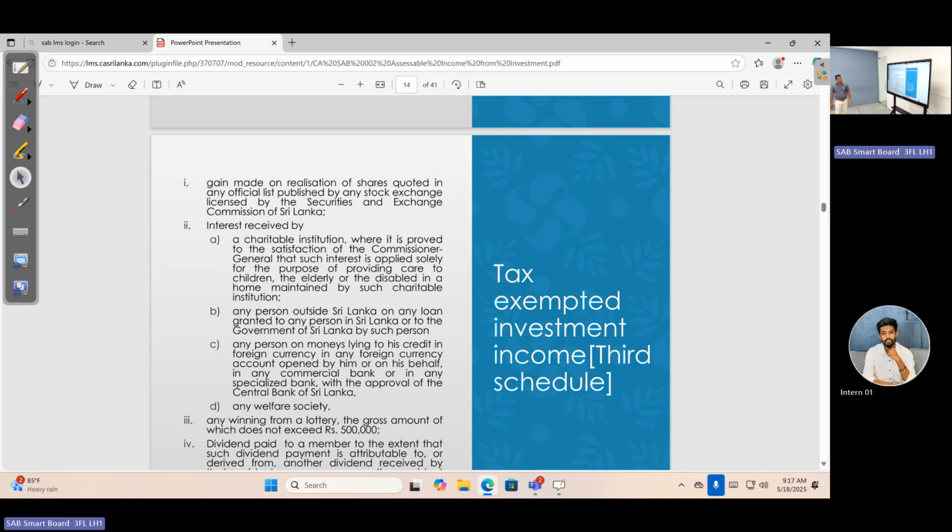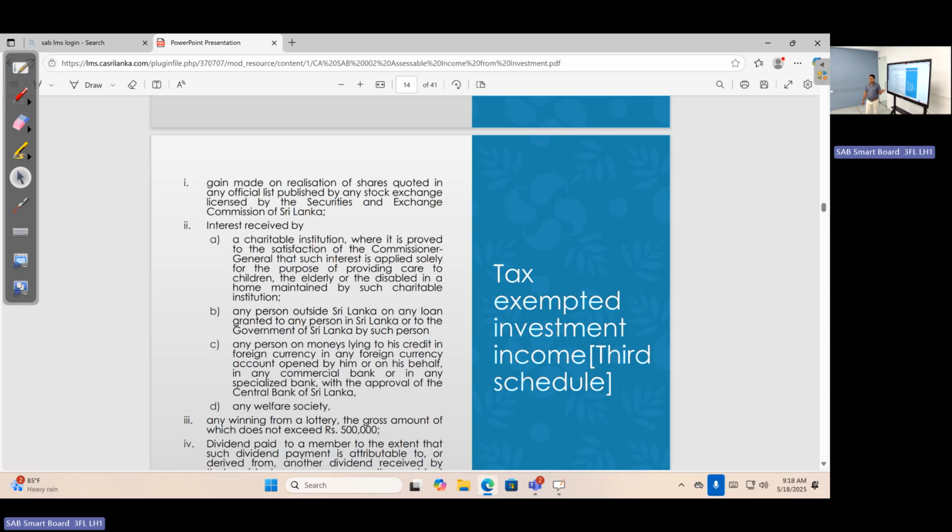Say we want to expand our capital investment, so we should consider the development of the share market. So they say whatever gain you get from share market investment is tax exempt, encouraging that activity because the share market was not functioning well previously.